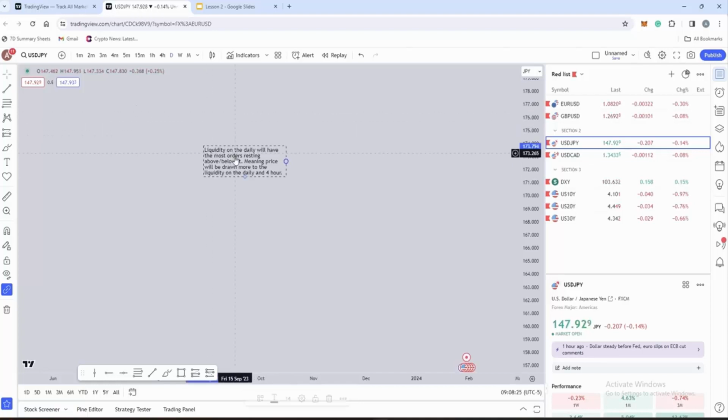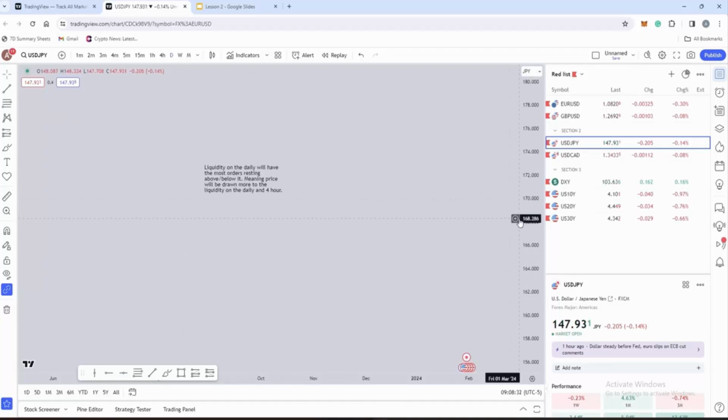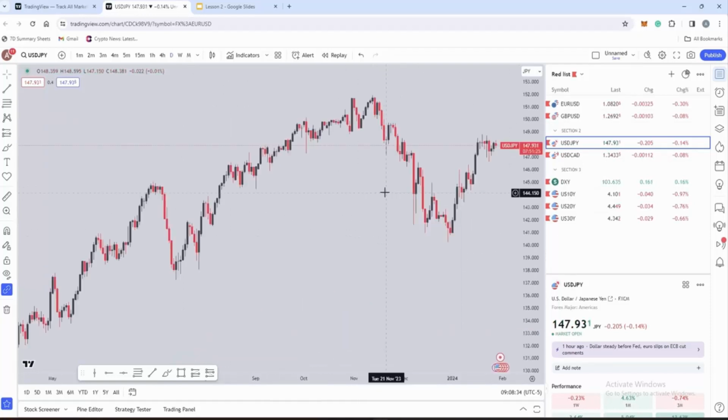And the reason for that is each candle simply takes more time to get made. So that means there are a lot of orders above and below it.